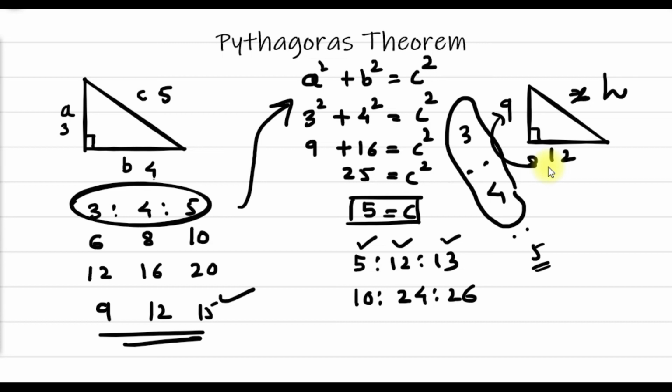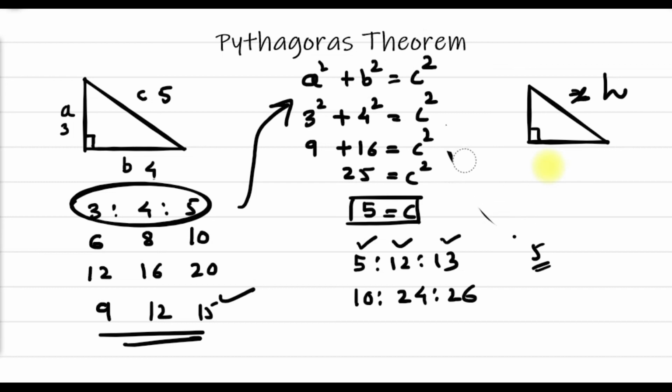Now what I mean by that, I will show you one more example. This time you have some bigger numbers, like 10 and 24. If the sides are 10 and 24, those who know it will see that it's in the ratio of 5 and 12. So obviously the third side has to be in the ratio of 13.